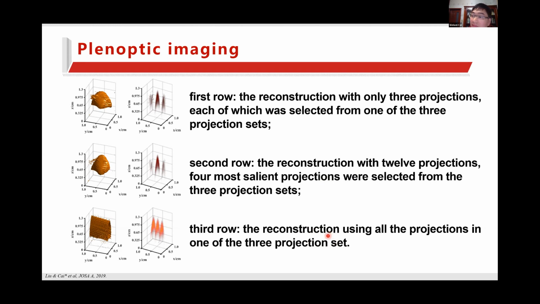So we compare the quality. This is a reconstruction of a candle flame. You can see that when you use one angle, the reconstruction is really bad because you cannot resolve the real structure of the flame.